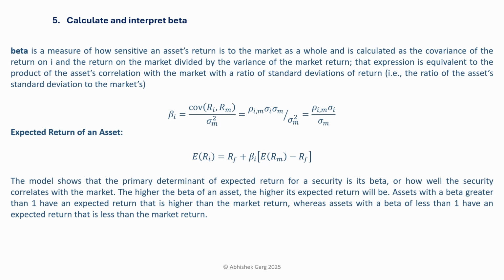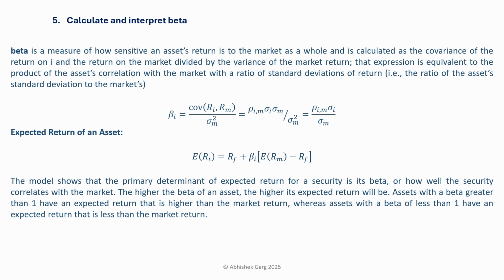Calculate and interpret beta. Beta is a measure of how sensitive an asset's return is to the market as a whole. That means if the market goes up, what will be the impact on your portfolio? This is a measure of beta.